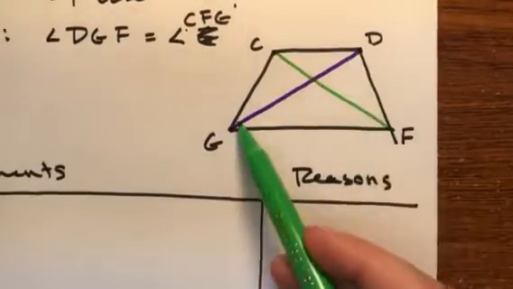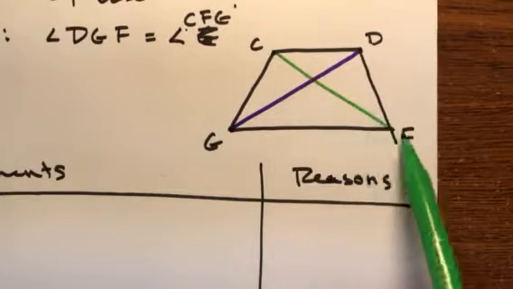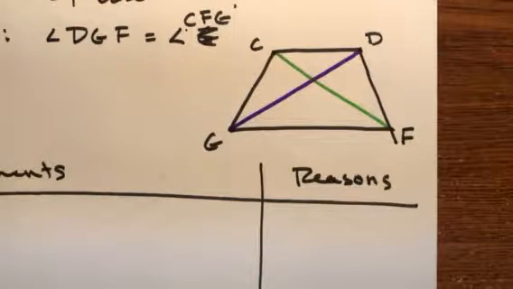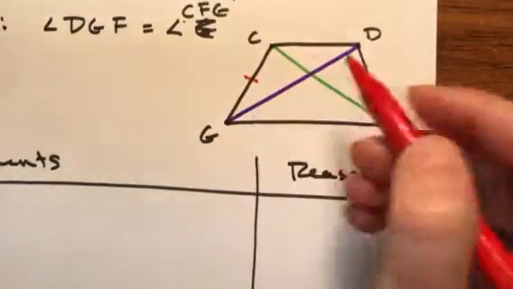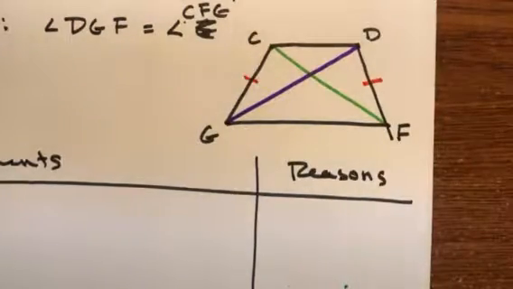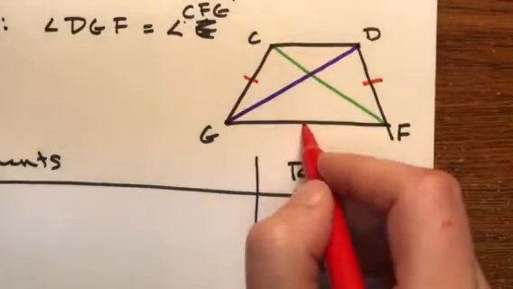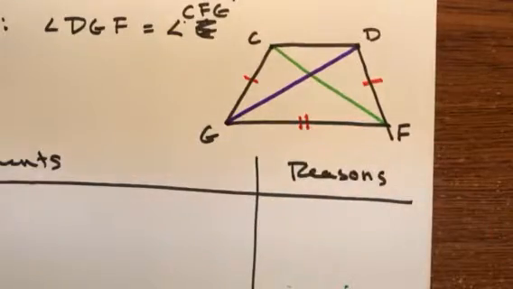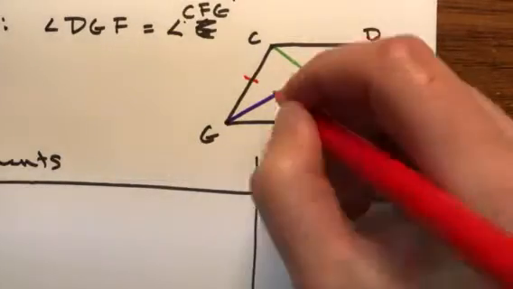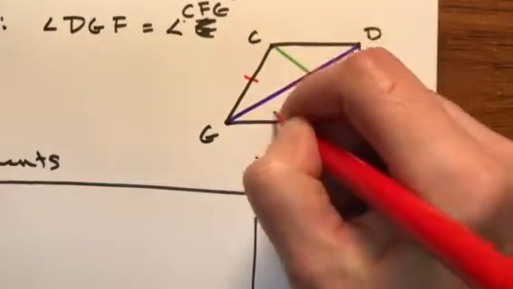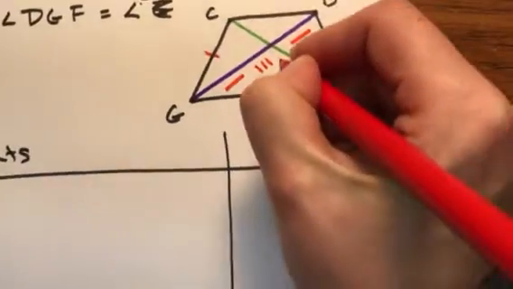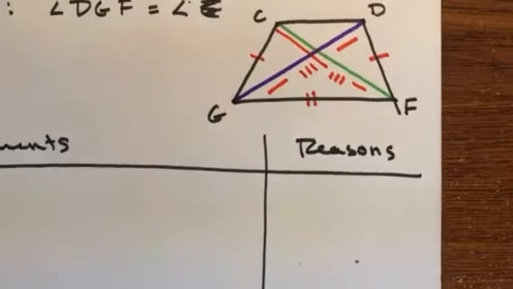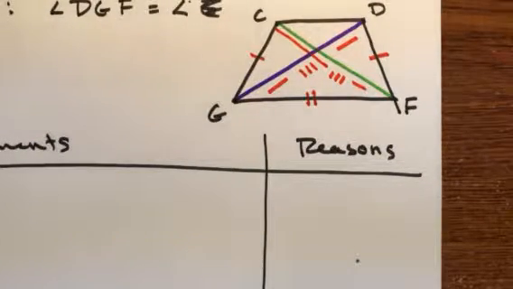So DGF is congruent to CFG. So we need to prove some triangles congruent here. What I think I want to do is show that this and this are congruent. And then we have this shared side down here. And then we also know that diagonals are congruent. So this entire thing is congruent to that entire thing.